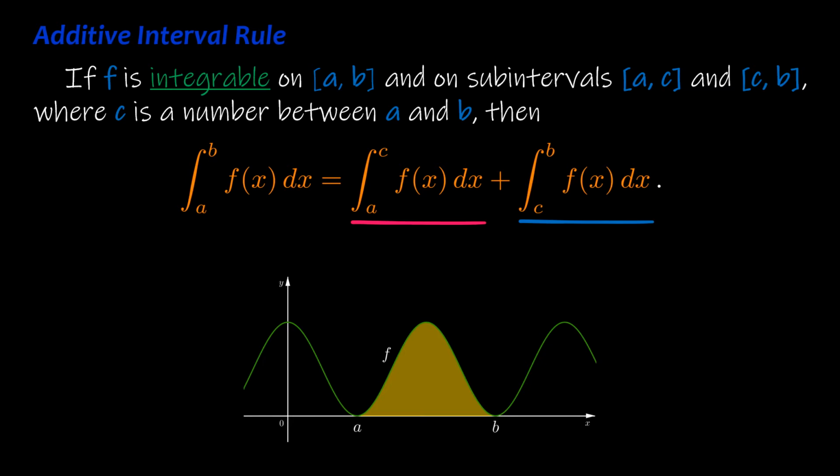In the figure, because f is integrable or continuous on a, b, then its definite integral is the sum of two definite integrals in which the common limit of integration c is a number between a and b.